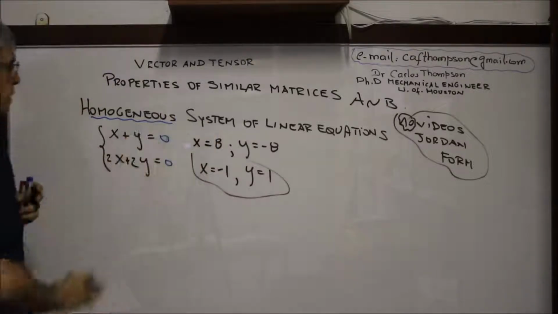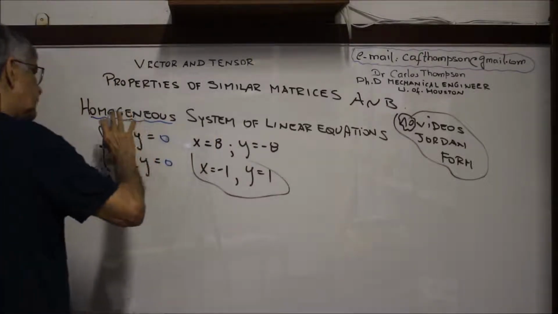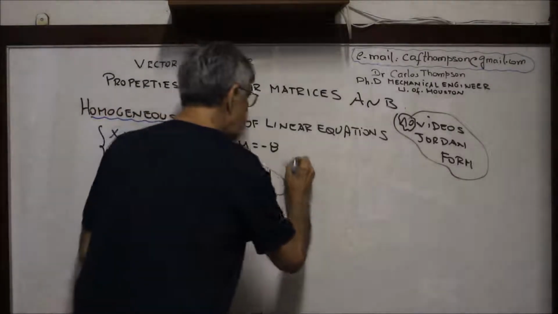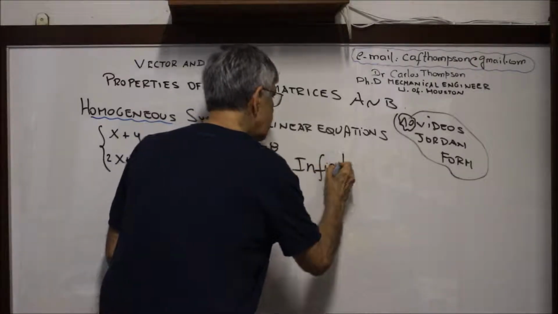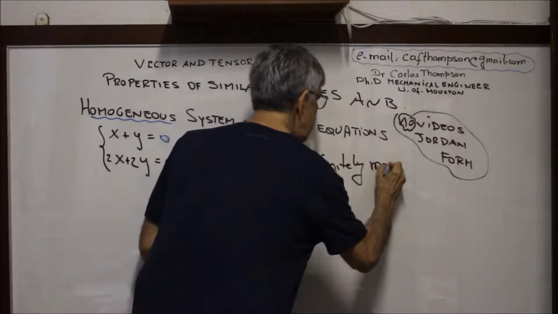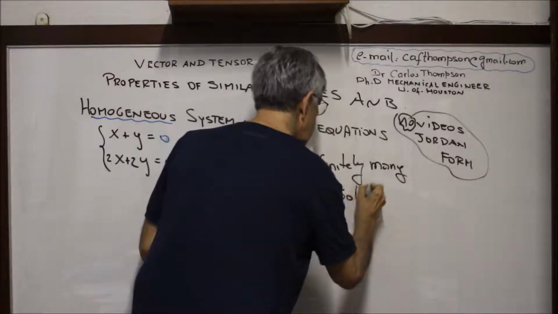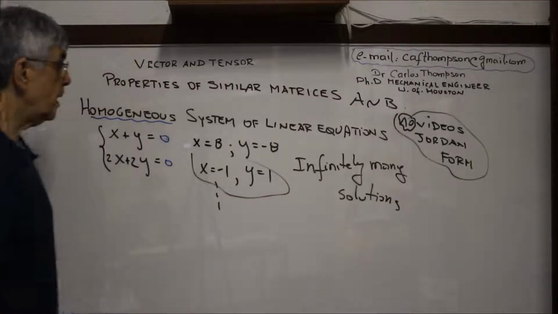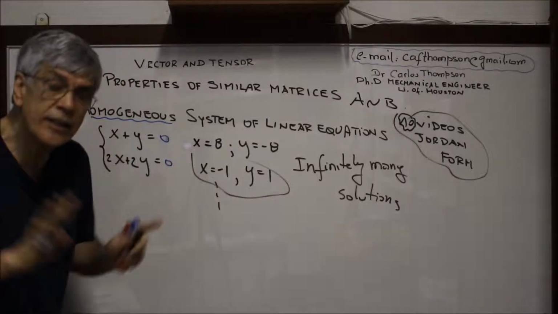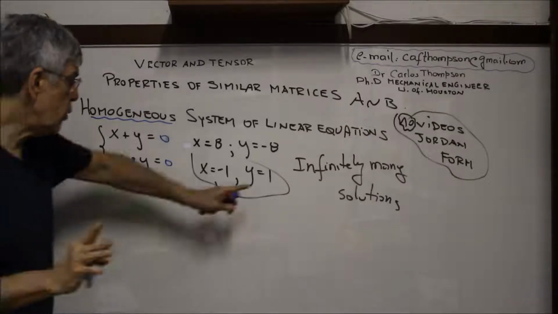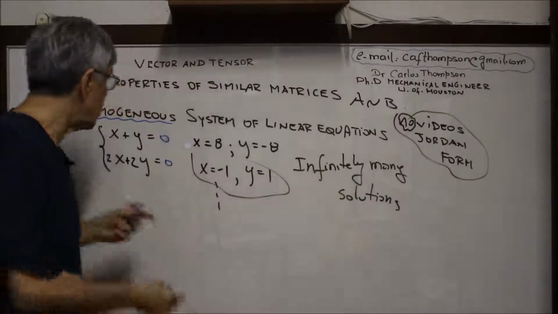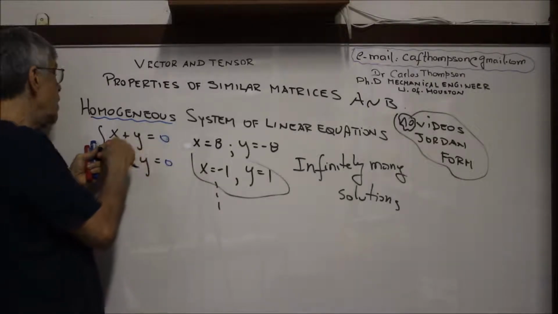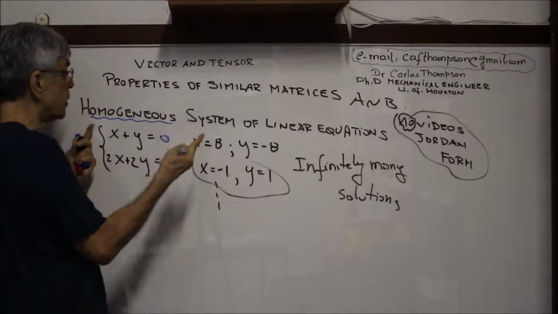What you are seeing here is that this homogeneous system has infinitely many solutions. But attention now, it's not any solution. For instance, x equal to 100, y equal to 200: 100 plus 200 is 300, not 0.